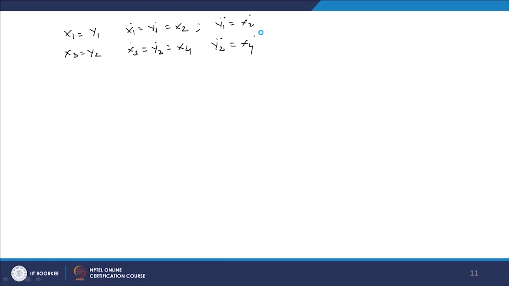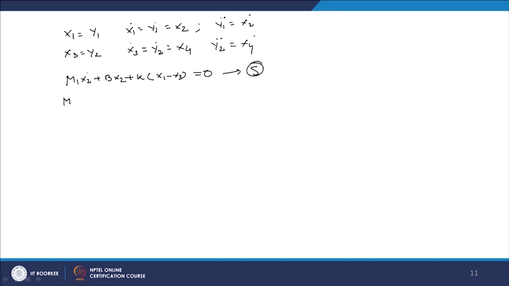So now we write down the equations in terms of these states. Our equation will get m1 x2 dot plus b into x2 plus k into x1 minus x3 equal to 0. Now this is equation number 5.